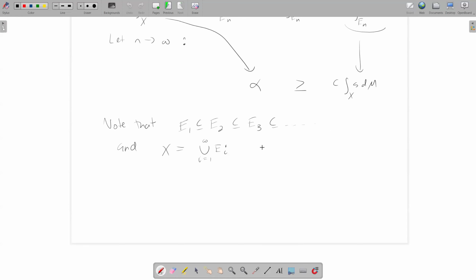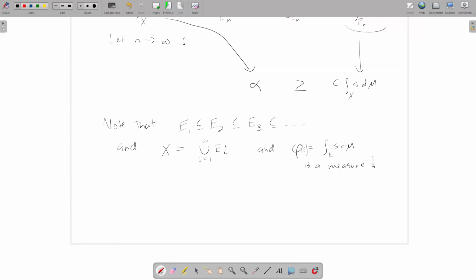But now we use the fact that, if we apply the integral here, this is a measure.